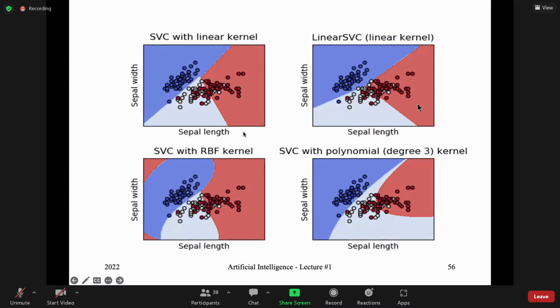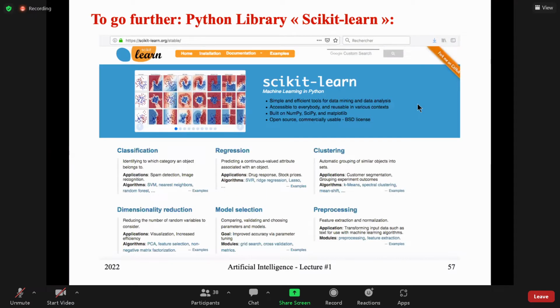With the scikit-learn library, we can also use this same kind of example. So with scikit-learn, we can find the classifications.